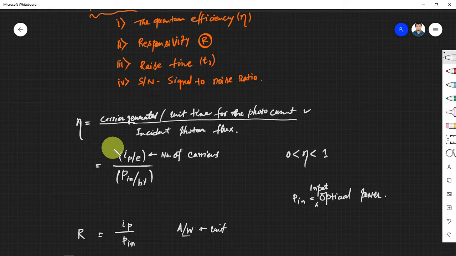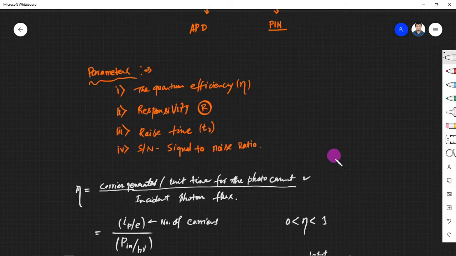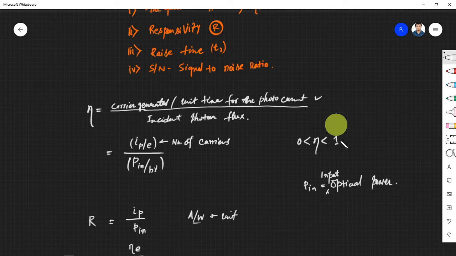In the dark also we'll have some current. So the dark current by photocurrent ratio will give you an idea about the signal to noise ratio. Ideally for a photoconductor or photodetector, the dark current should be as low as possible to get a better signal to noise ratio. So these are just a few basic parameters we defined.